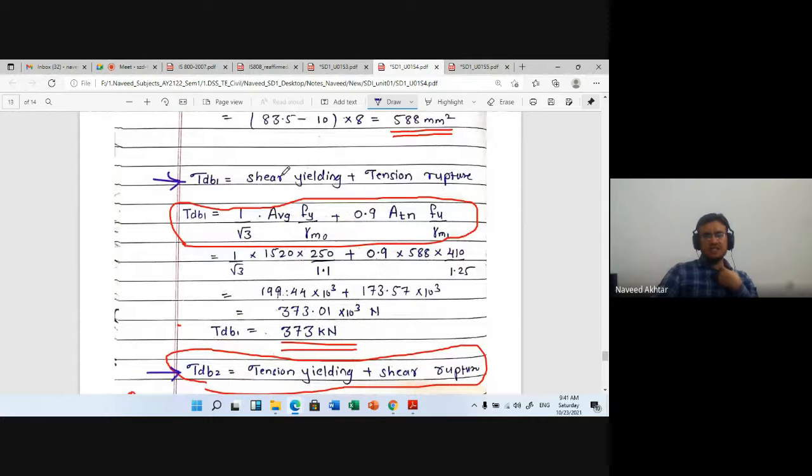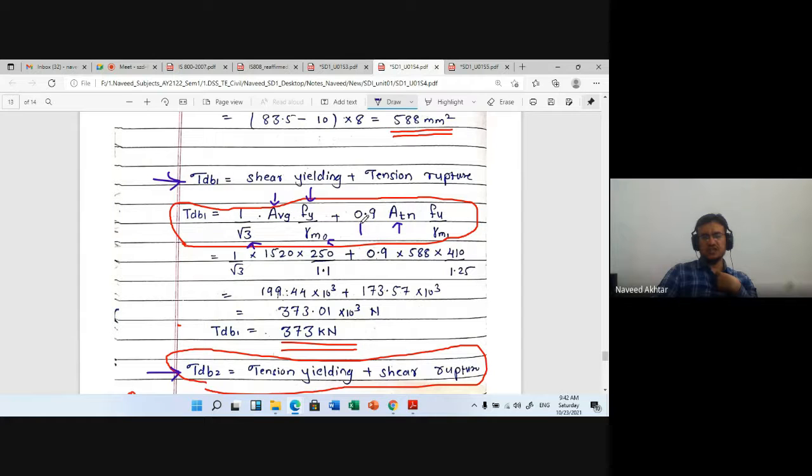Shear yielding means the gross area Avg times Fy, and if there is yielding, then gamma M0. If there is shear, 1 upon root 3, this conversion. So this formula you can make on your own. Here, for net section rupture, if it is a tension rupture, it is the net area in tension.